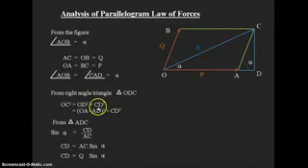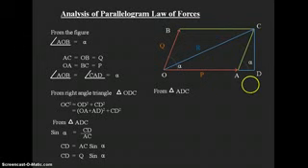So for finding this AD, we need to consider again the right angle triangle CAD. Same, CAD or ADC, we can say ADC or CAD. So consider right angle triangle ADC, and for finding AD, consider the cos rule.